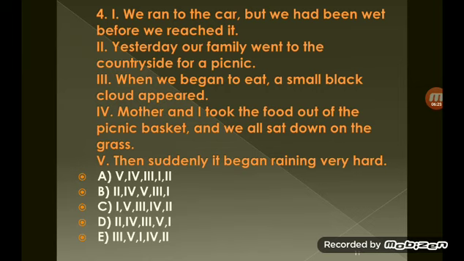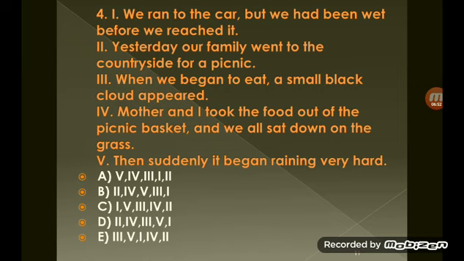And here comes your answer. So the correct option is D. Alright, let's see how the passage reads now. Yesterday, our family went to the countryside for a picnic. Mother and I took the food out of the picnic basket and we all sat down on the grass.